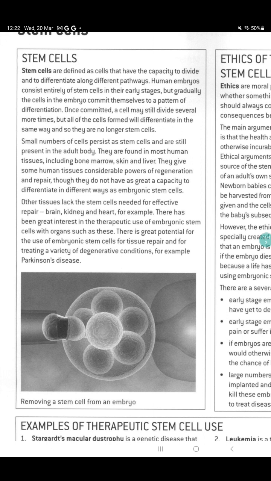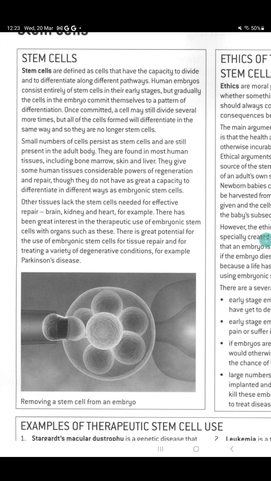So in the human body, we cannot say that when someone has become an adult, he or she is not able to perform any functionality of stem cells. Yes, they do have stem cells, very few types of them.